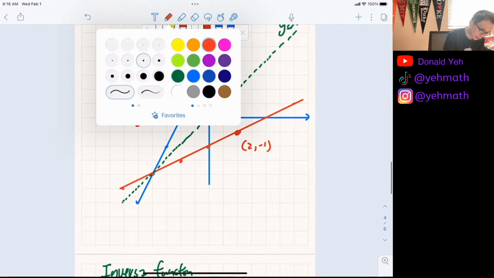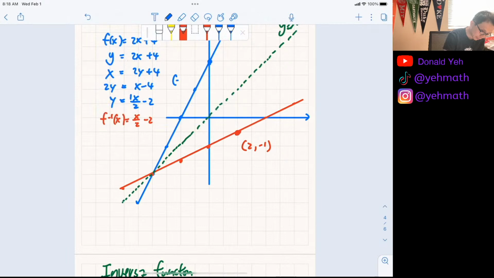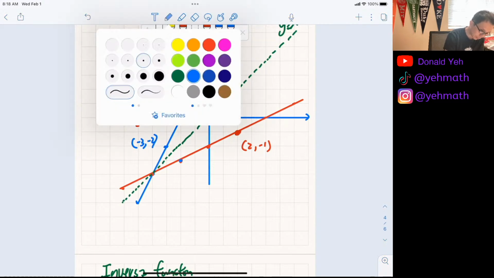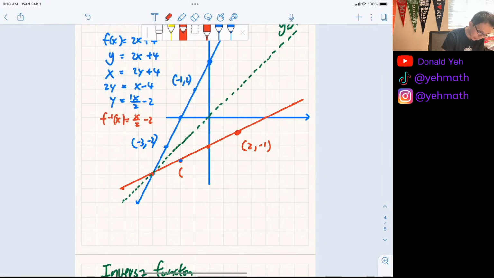And if you pay attention, there is a negative 1 comma 2. Do you see that x and y swap? Very, very important. Even here, let's say this is negative 3 comma negative 2, and the red point is going to give you negative 2, negative 3. It happens to every single point on the graph, and that's why they are inverses.